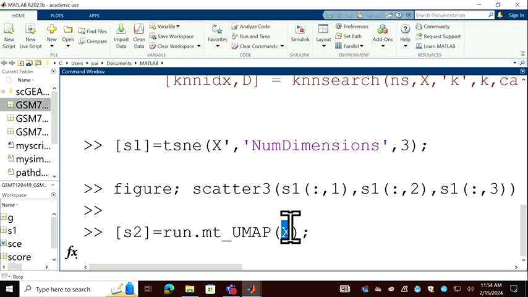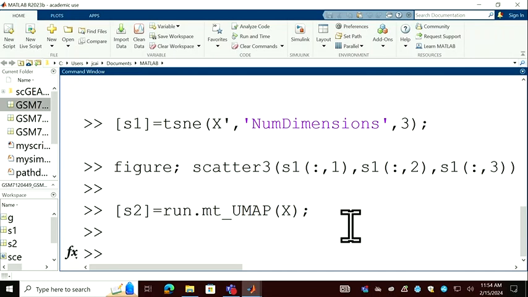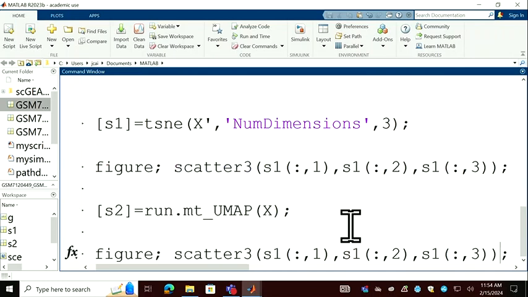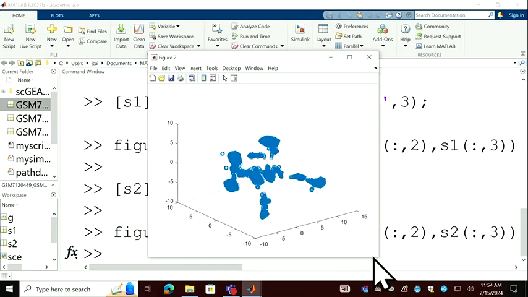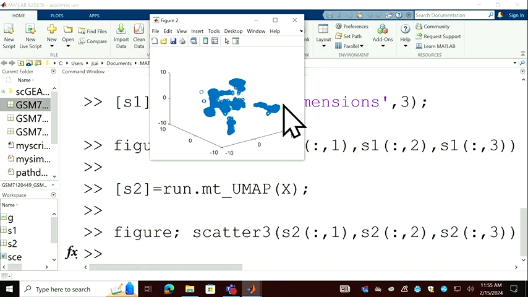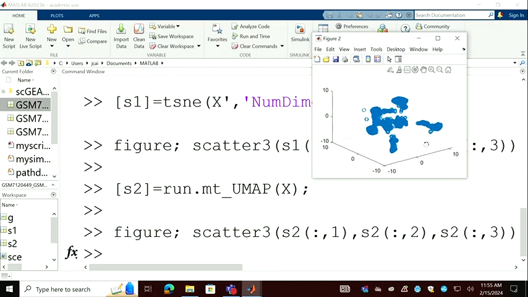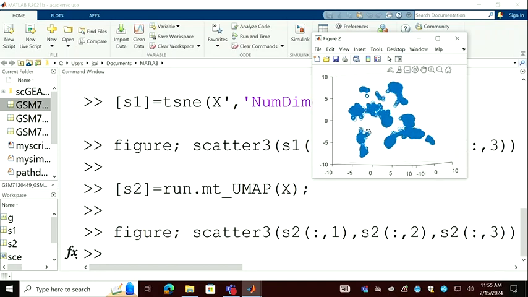But remember, don't transpose in this case, because this function takes a gene by cell matrix. Okay, I put the UMAP results here.